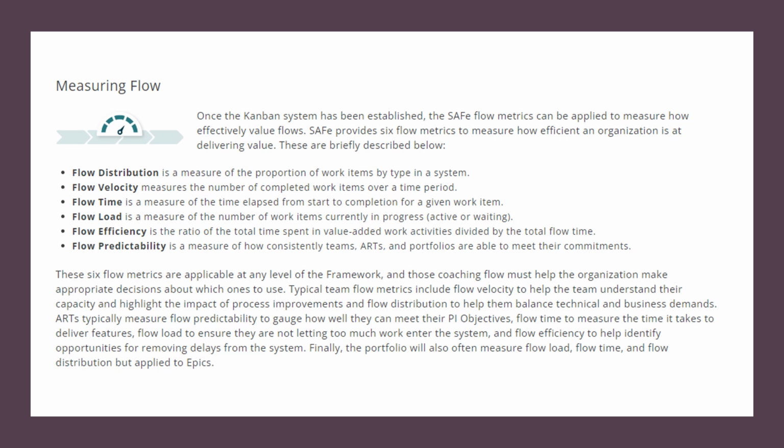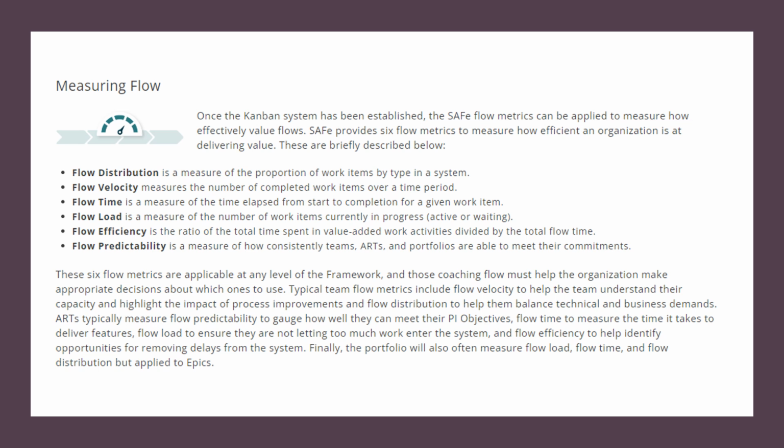These 6 flow metrics are applicable at any level of the framework. It could be Essential SAFe, Large Solution, or Portfolio. And those who are coaching flow must help the organization make appropriate decisions about which ones to use.